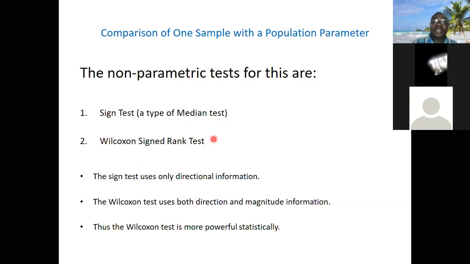So in this case, we are also using it for a one sample test, comparing the one sample with the median in the population. The sign test uses only directional information, while the Wilcoxon test uses both directional and magnitude.